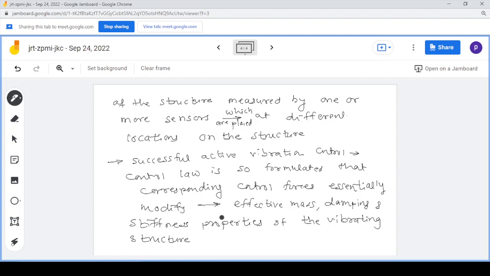Now how are they going to do this? By electronic means. In which manner?